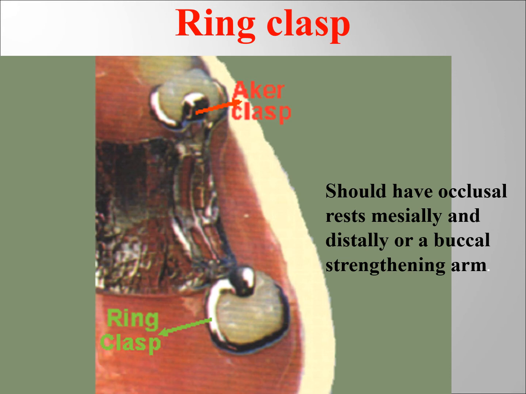So for isolated tilted molars, when they are tilted towards the edentulous space, for the maxillary arch and the mandibular arch. Now, for the maxillary arch, you use a ring clasp.